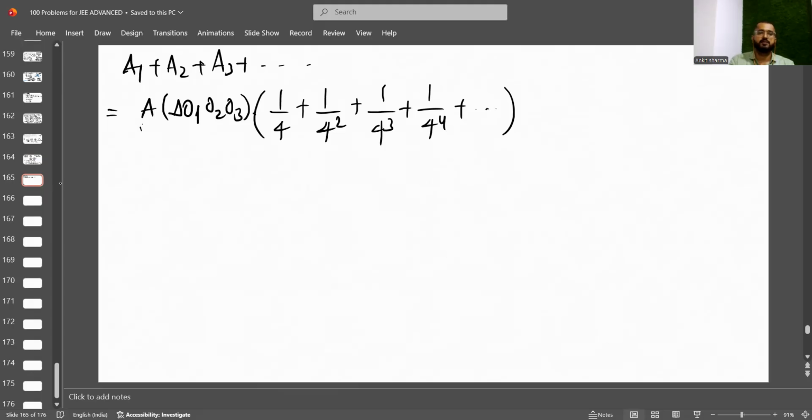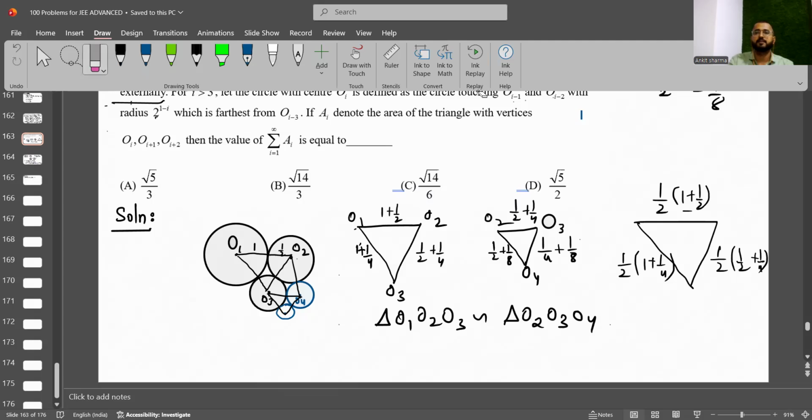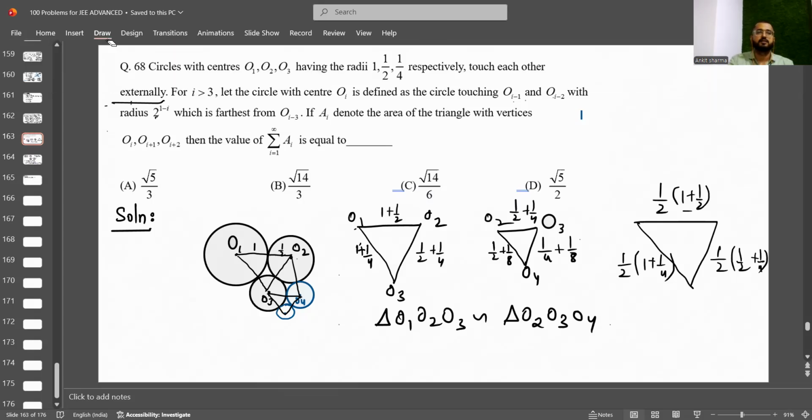So now the ultimate goal is to find the area of this triangle O1O2O3. Let's see what we get. We're given all three sides, so let's calculate the area. O1O2O3 has sides 1 + 1/2 which is 3/2 here, 4 plus 5 by 4 here, and 1/2 + 1/4 is 3/4 here.